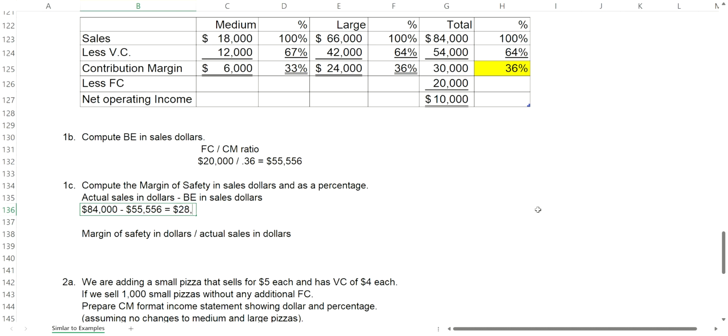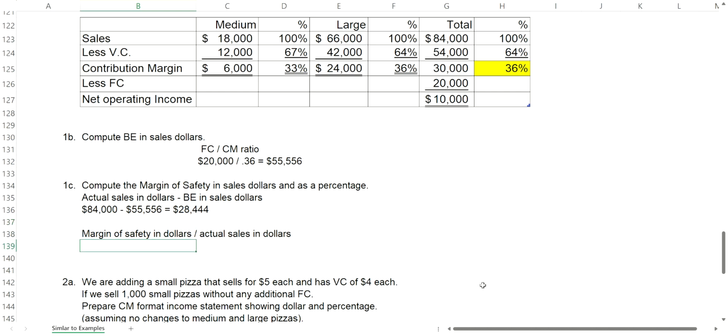So if we subtract, $28,444 is our margin of safety in dollars. That means sales can go down by as much as $28,444 before we start experiencing a net loss.